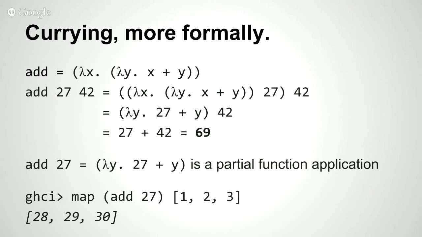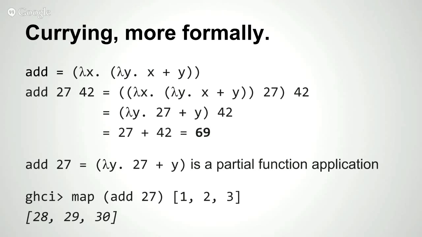So this is a walkthrough of currying. And if you don't understand it now, just come back to this slide. But we have add as this double nested lambda abstraction. We say we want to evaluate add 27 42. The first thing that happens is that the 27 gets passed into the outer lambda.